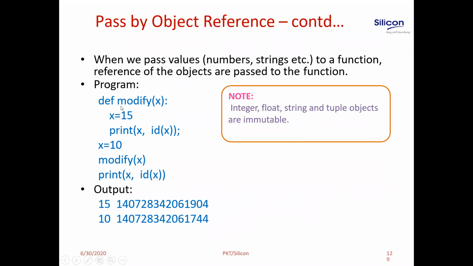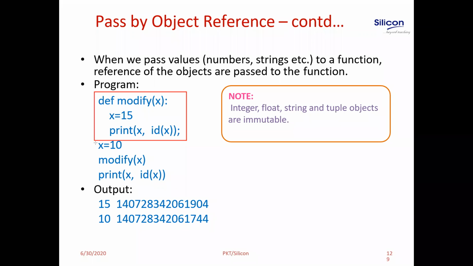This is a function. def modify is the function name. def defines the function, modify is the function name, x is the parameter. This is the function definition, and this part is the main function from where we are calling.